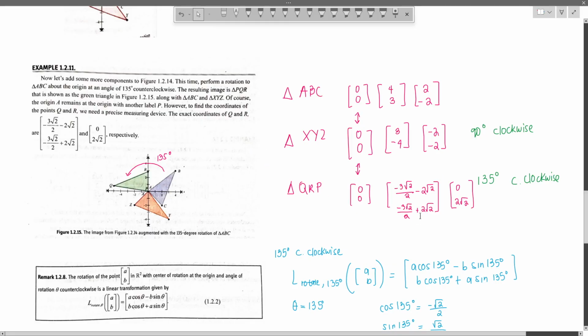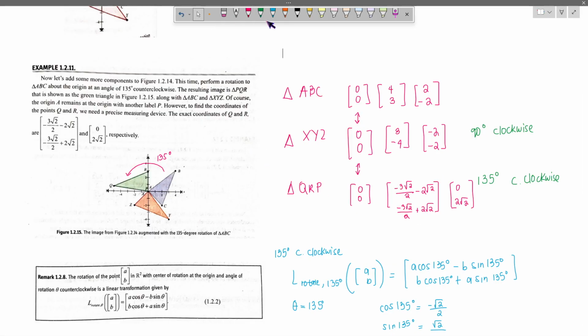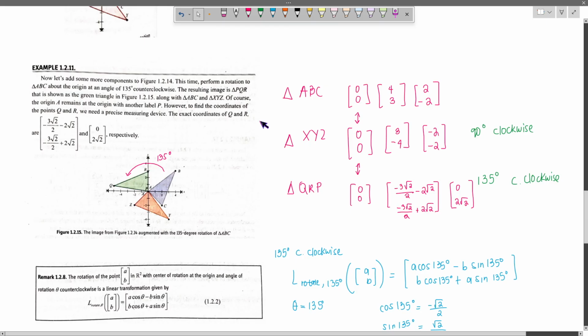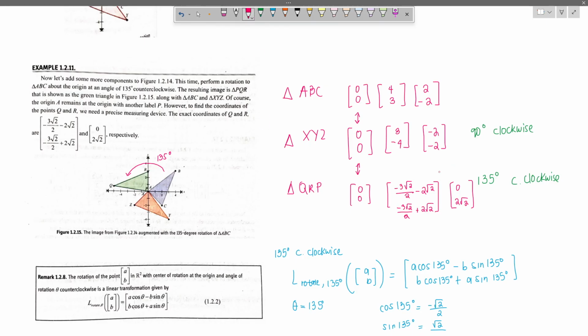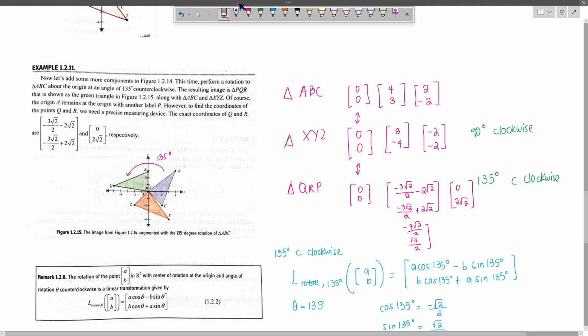And then if we do 135 degrees counterclockwise, these are the results. If you simplify this, this is just -√2/2 and √2/2. So those are the components.